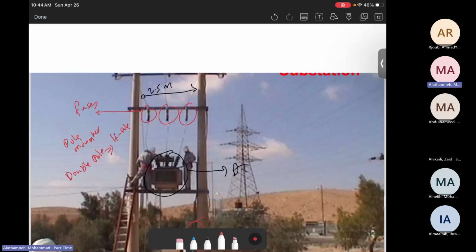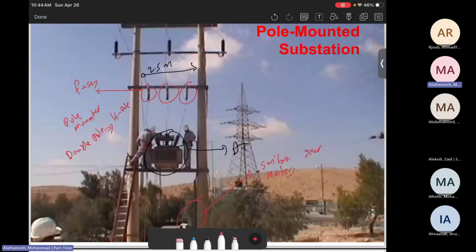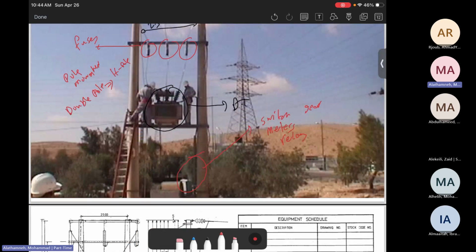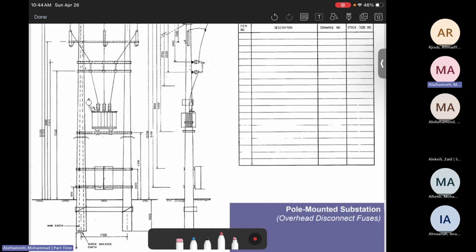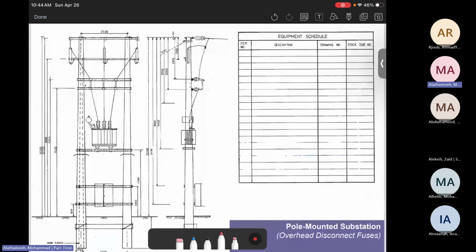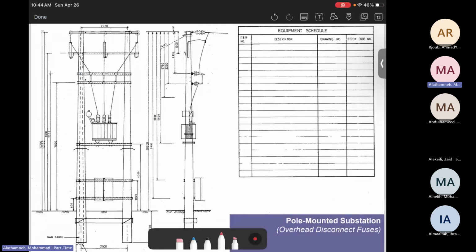There should also be some protection like relays, I think. A few of them will have a circuit breaker, but most likely for the distribution transformer, there are fuses. Again, here is how it looks, pole mounted. You will see fuses here. Then this is the distribution transformer. This is the switchgear.